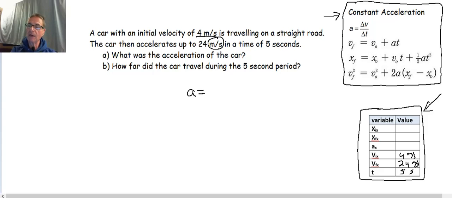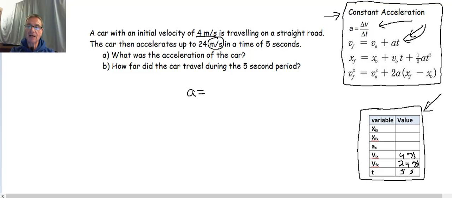Acceleration, if we look up at our equation box up here, is given by the change in velocity divided by the time it took to make that change. We also have acceleration in this equation over here, v final equals v initial plus a times t, and believe it or not, the second equation here is the same as the first equation, it's just rearranged.